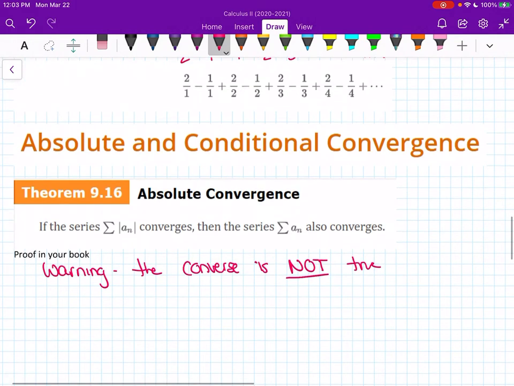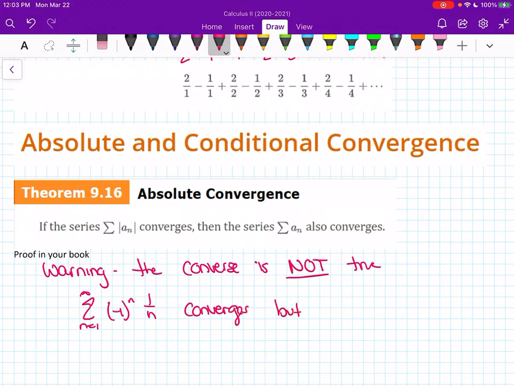The series from n equals 1 to infinity of (negative 1) to the n over n converges. That was our first example. But the absolute value of that, which we know is the harmonic series, does not. So the converse is not true.